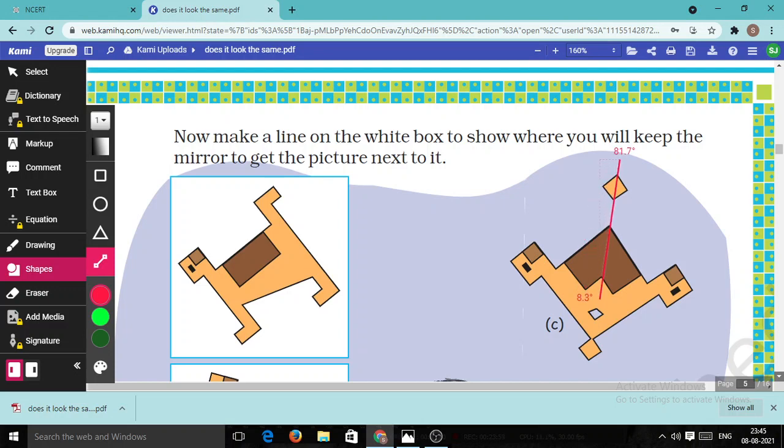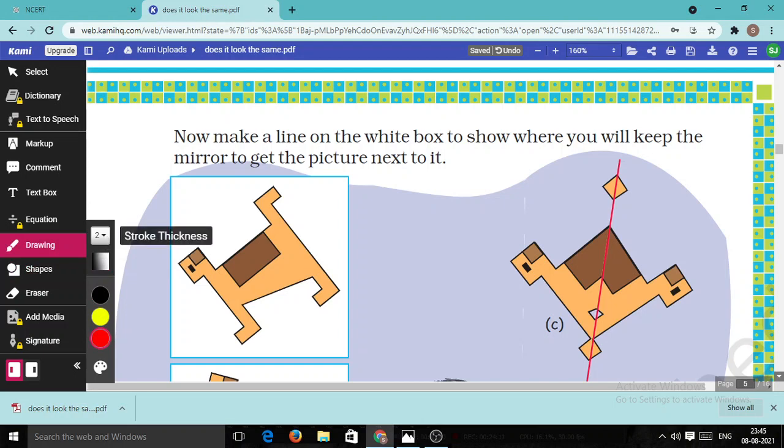Look here. First you place a line. Like this. This is a bigger line.